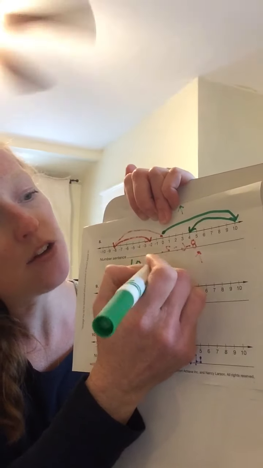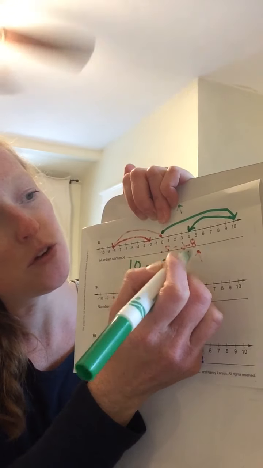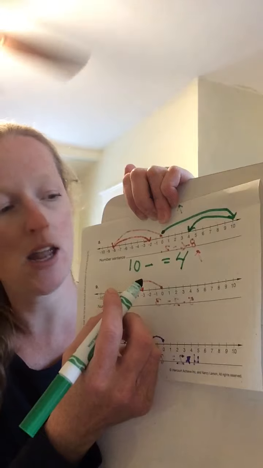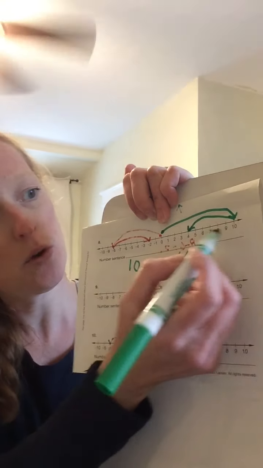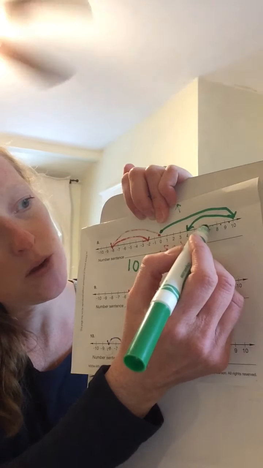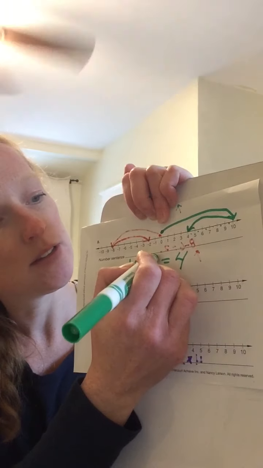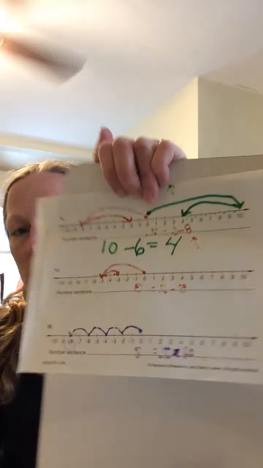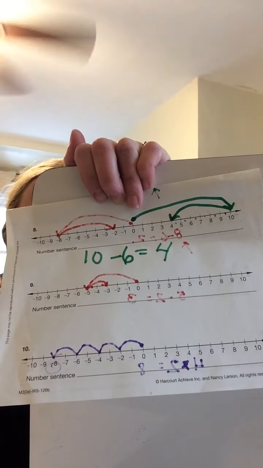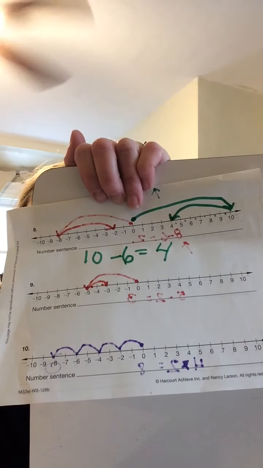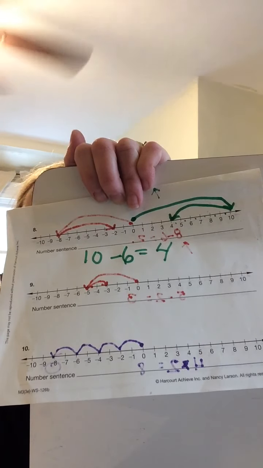So that is actually your answer. 4 is your answer. Where the arrow lands in the end is the answer. So what have we taken away? 1, 2, 3, 4, 5, 6. So the number sentence for that is 10 minus 6 equals 4.